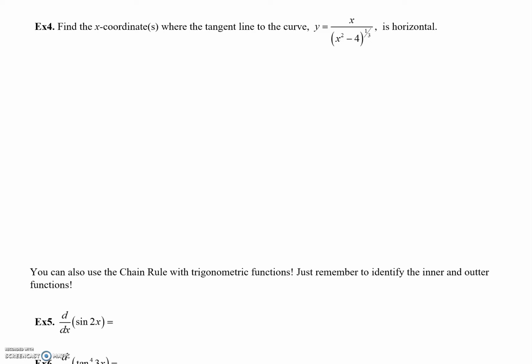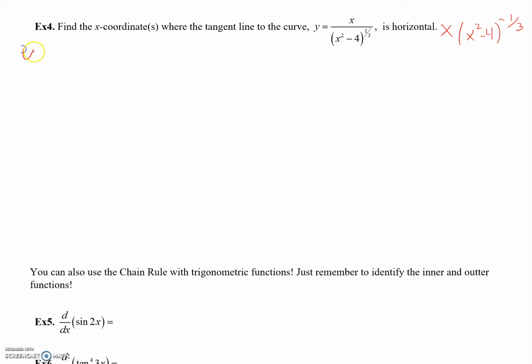All right, hopefully you've had a minute to try the problem. So I'm going to go ahead and work it out up here and we can just check our work and see what we had. So I'm going to do quotient rule, even though now I could do product rule because I could rewrite this function like x times x squared minus 4 to the negative 1/3. Because now that I know about compositions, I could do that. But I'm going to do quotient rule because we haven't seen one yet.